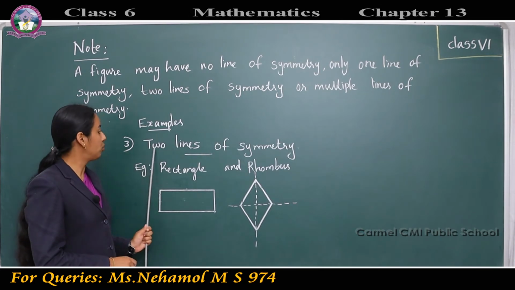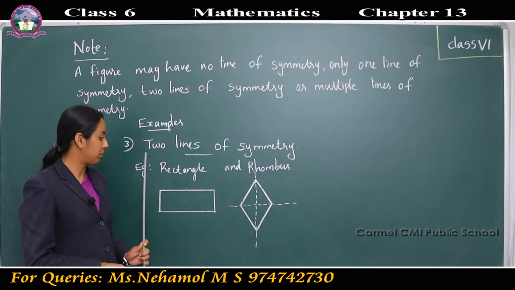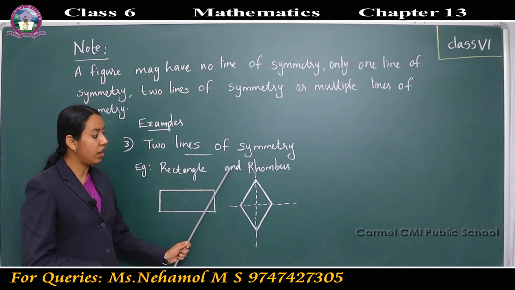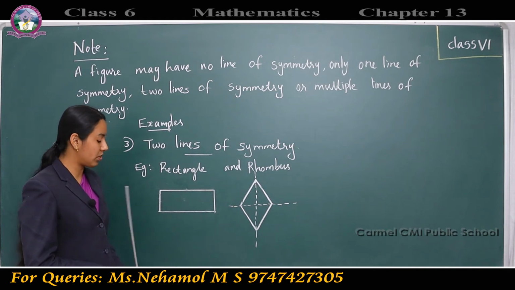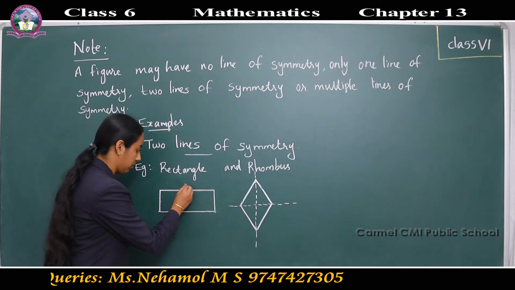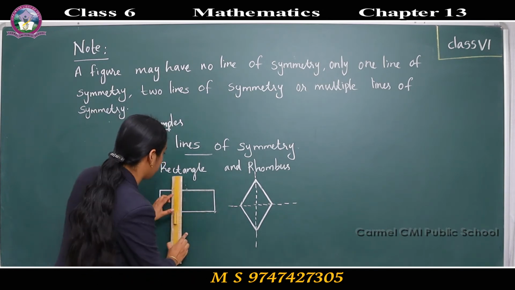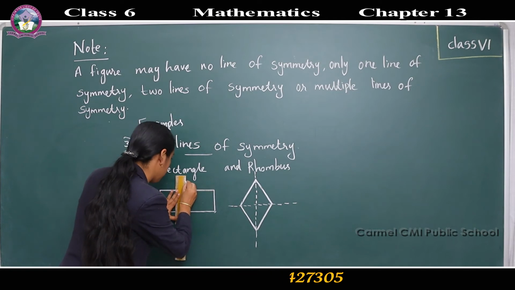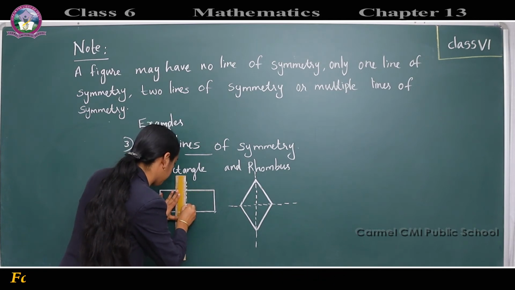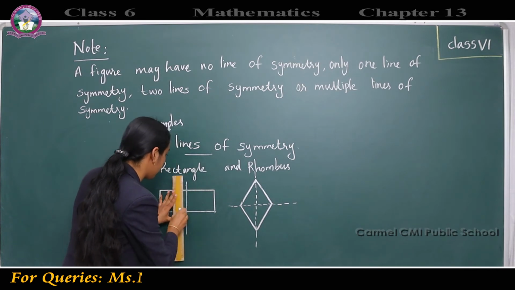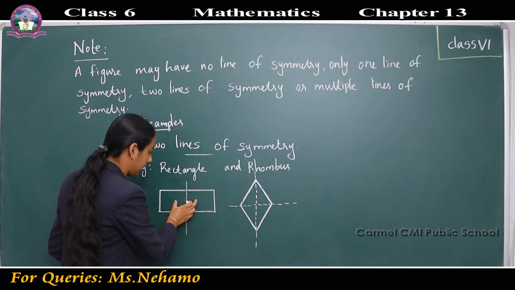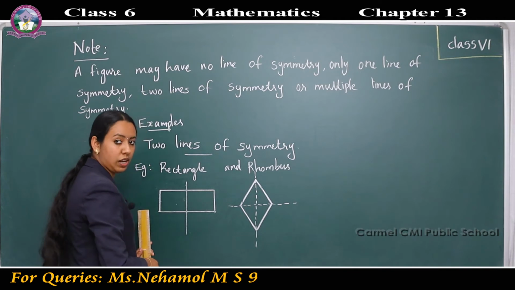Next one, two lines of symmetry. Example, rectangle and rhombus. This is a rectangle. We can draw a line of symmetry vertically. This is a line of symmetry. Then this divides that rectangle into two equal halves.